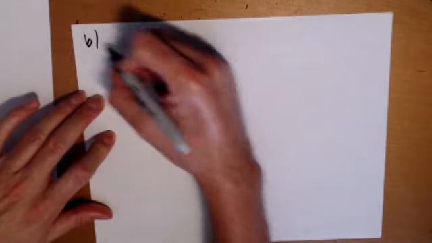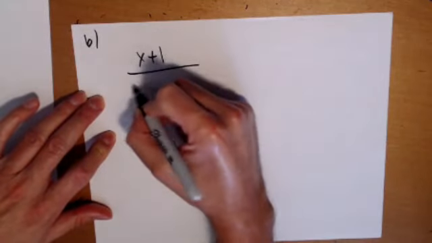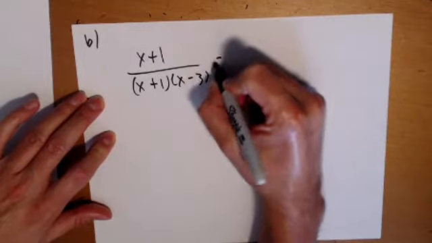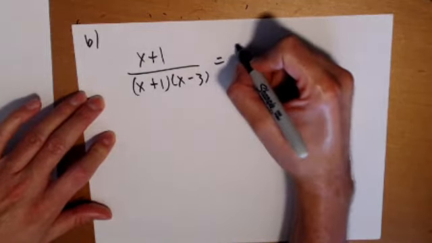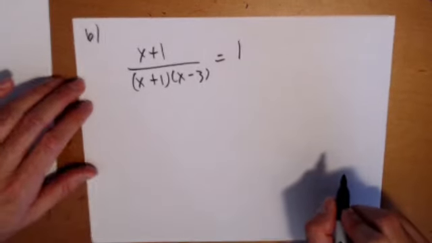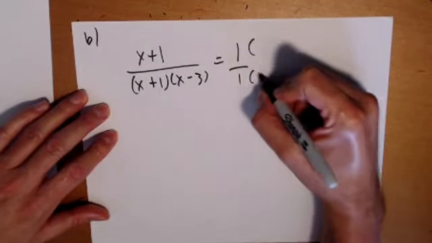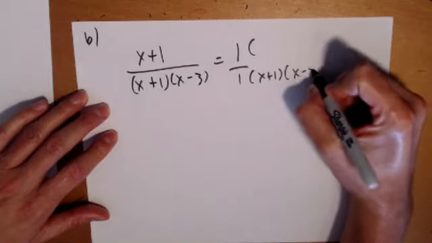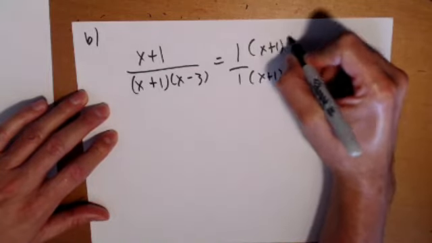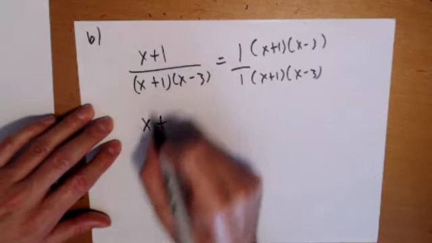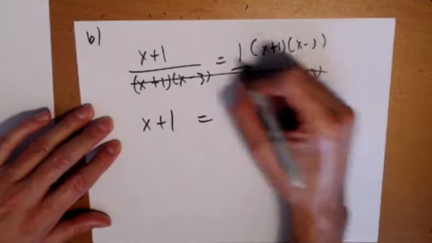So for part B, we basically said, when does x plus 1 over x plus 1, x minus 3 equal 1? Okay. So put it over 1, common denominator of x plus 1, x minus 3. So that's x plus 1. Bottom's the same. x plus 1 equals, multiply this out.